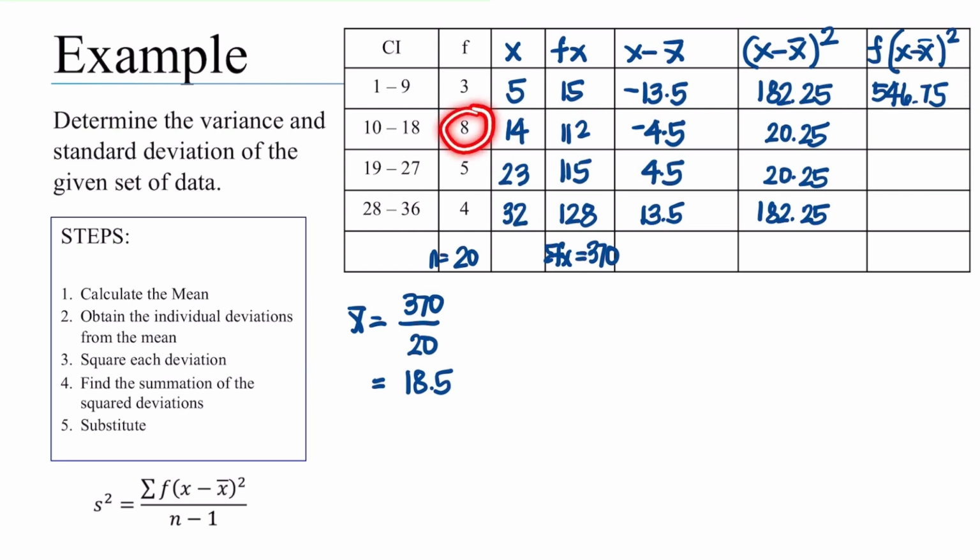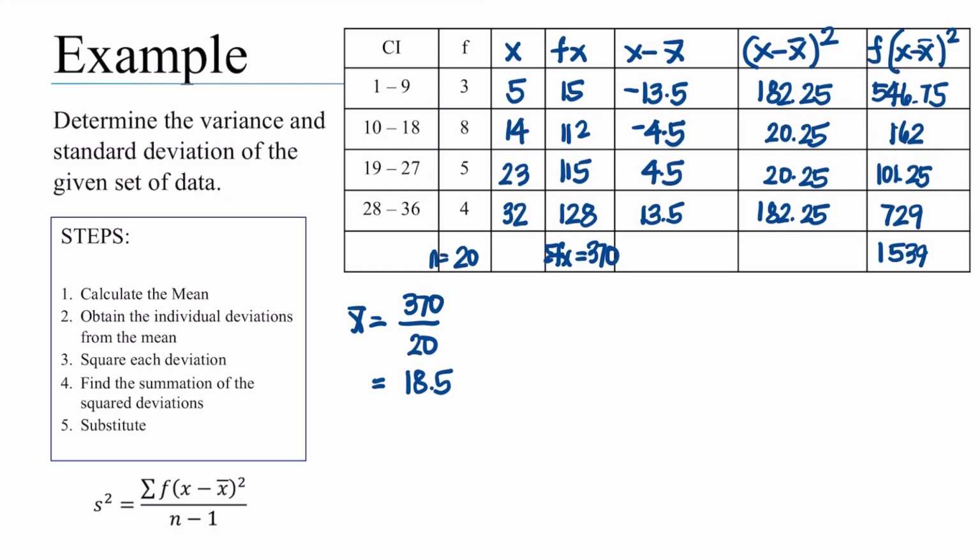Next, 8 times 20.25 is 162. 5 times 20.25 is 101.25. While 4 times 182.25 is 729. Next, get the summation of it. In that case, that would give you 1,539.